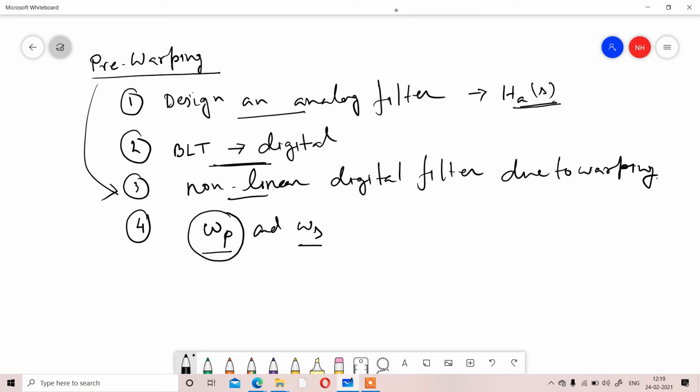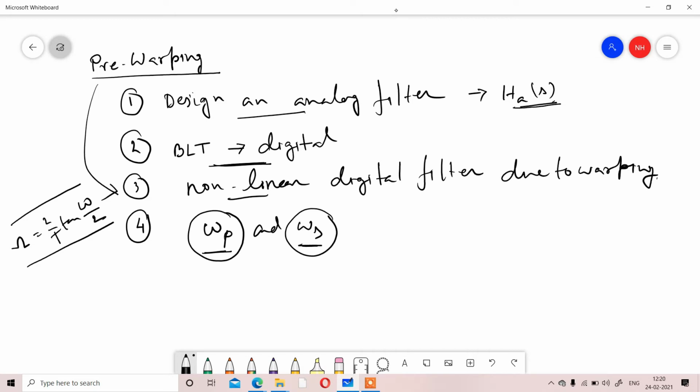That frequency you are getting from the expression omega equal to 2 by T tan omega by 2. Whenever you are using BLT, that is the bilinear transformation, you are getting the omega P and omega S.